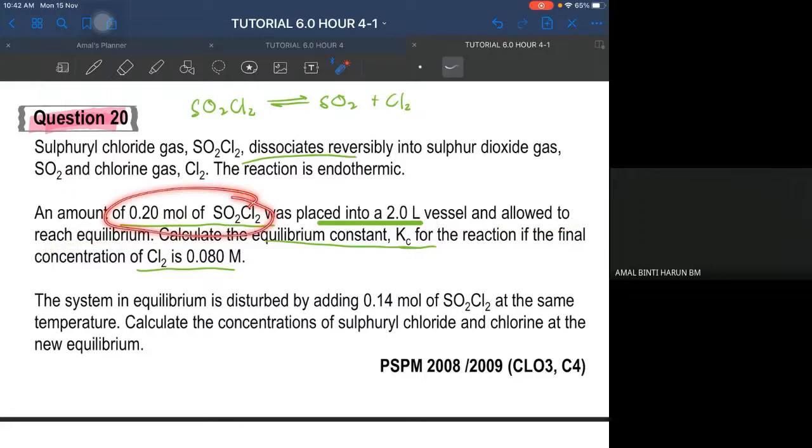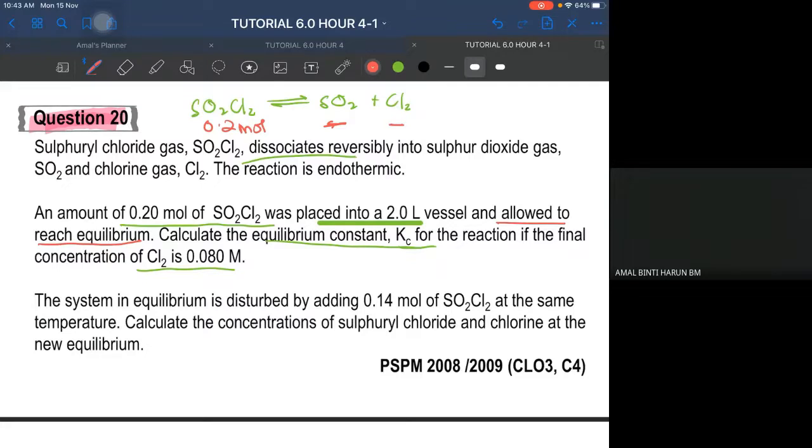Maksudnya, adakah dia sudah reach equilibrium based on this question? Mole ini mole at equilibrium or mole initial? Okay, so perhatikan perkataan ini. Allowed to reach equilibrium. So dia masukkan sulfuryl chloride sebanyak 0.2 mol ini ke dalam bekas dan dia biarkan untuk reach equilibrium. Means this one tak wujud lagi.